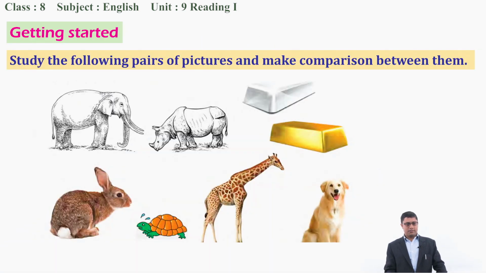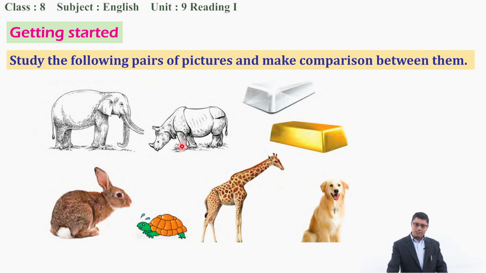So dear students, please look at the exercise under Getting Started section. So do you see this exercise on the textbook? Study the following pairs of pictures and make comparison between them. So do you see the pairs there? Can you tell me what are the pairs there? Okay, so you can say elephant and rhino. They make one pair.